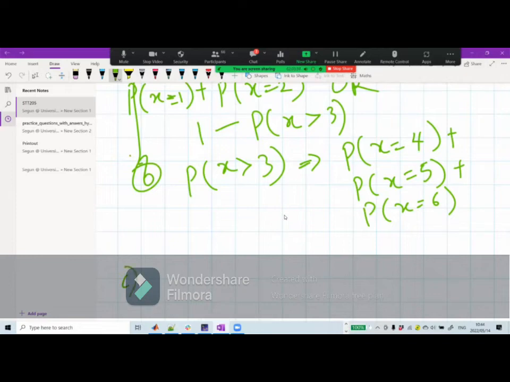Then C is probability of S greater or equal to 2, at least 2. That is 2 inclusive, so you start from 2 to the end. Any question?